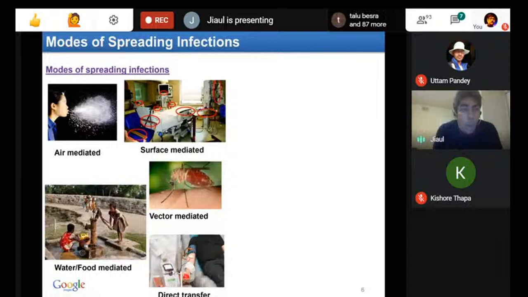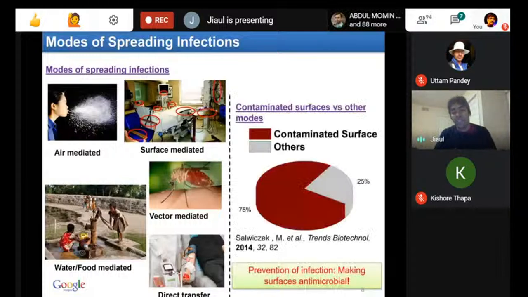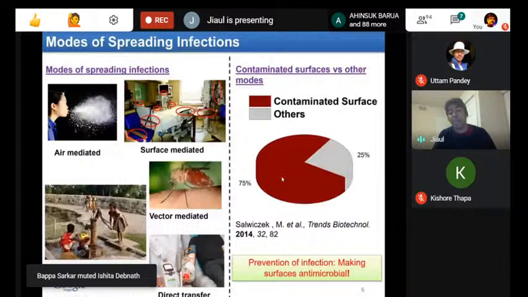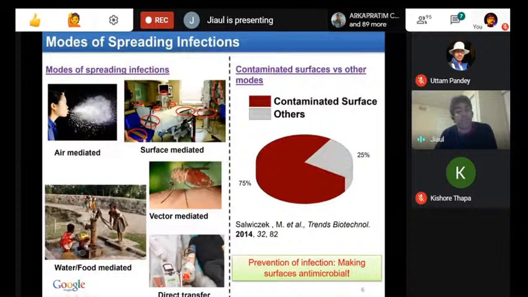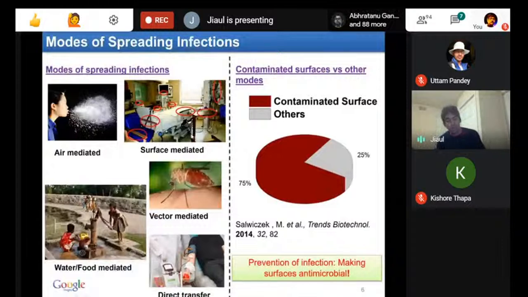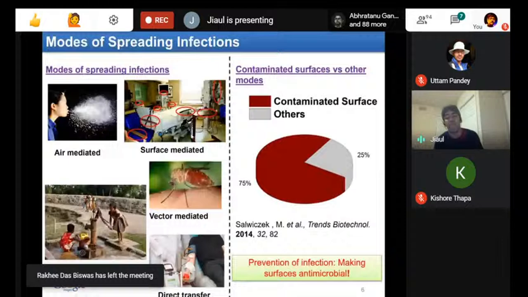So among all these modes of spreading infections, if we just summarize and look at this chart, it says that 75 to in fact 80% of these infections actually spread through contaminated surfaces. So this tells us how important surfaces are and that they play a vital role in transmitting infection from one person to the other.